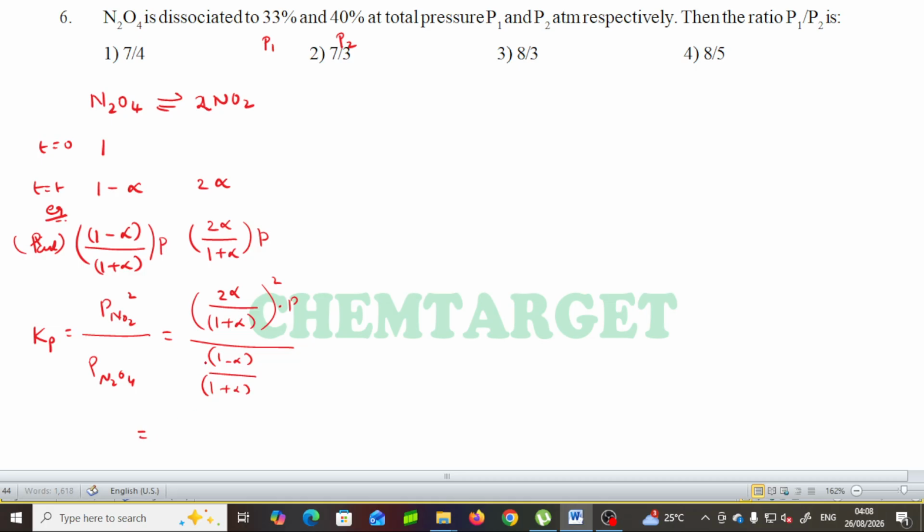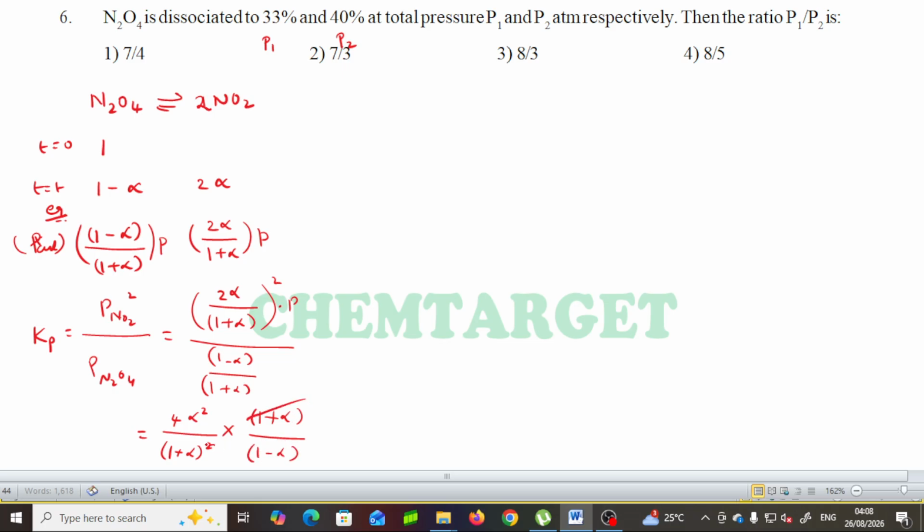If you simplify this, it is going to be 4 alpha square divided by (1 plus alpha) squared into (1 plus alpha) divided by (1 minus alpha).